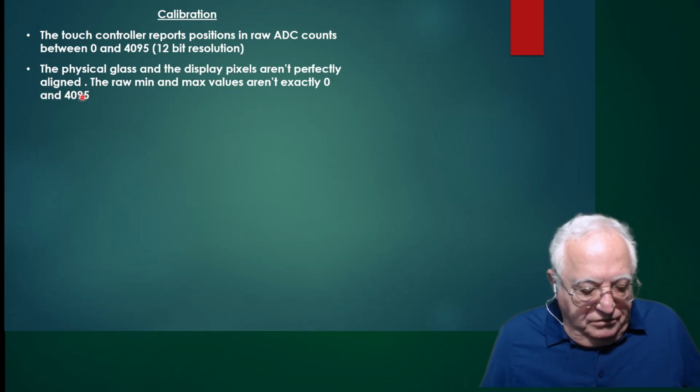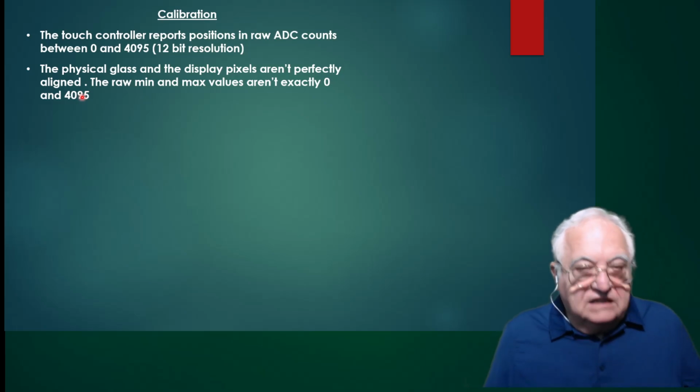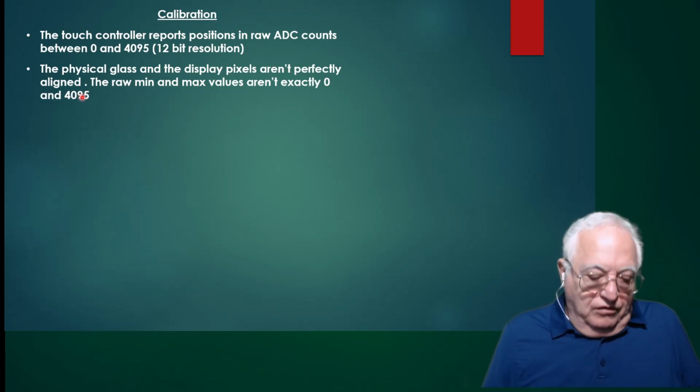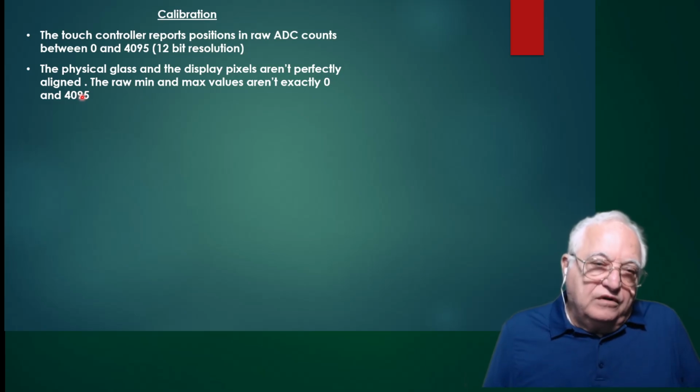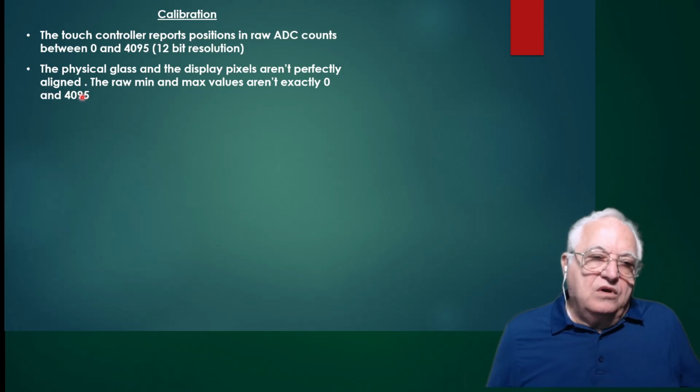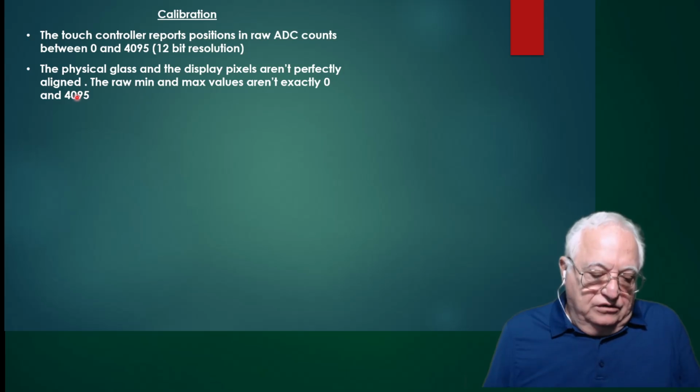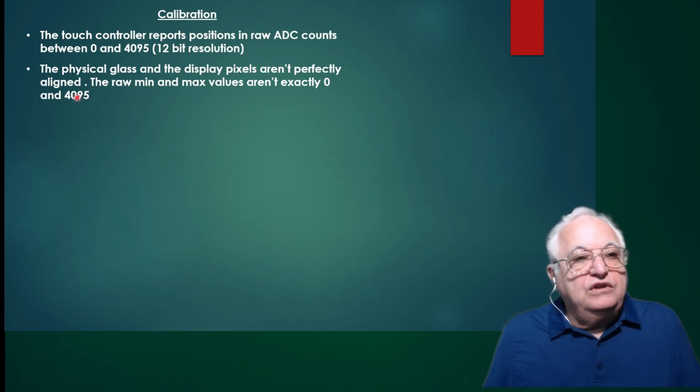So what I'm trying to say is that the display is 240 by 320 pixels. So somehow we're going to have to take the 0 to 4095 range and normalize it so it represents 240 by 320.